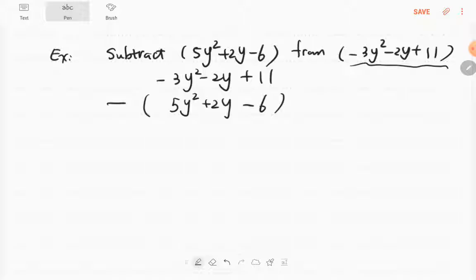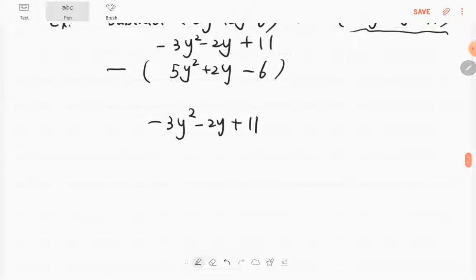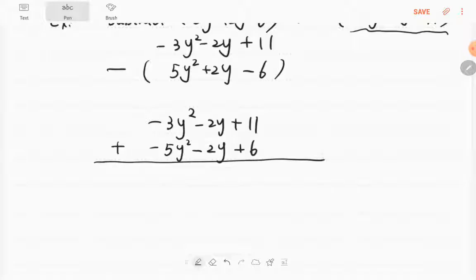So we will rewrite it: we copy down the first term. And just like minus this term is plus the opposite of the term, we only need to write the opposite. 2y, we will go negative 2y. Negative 6, we will have positive 6.